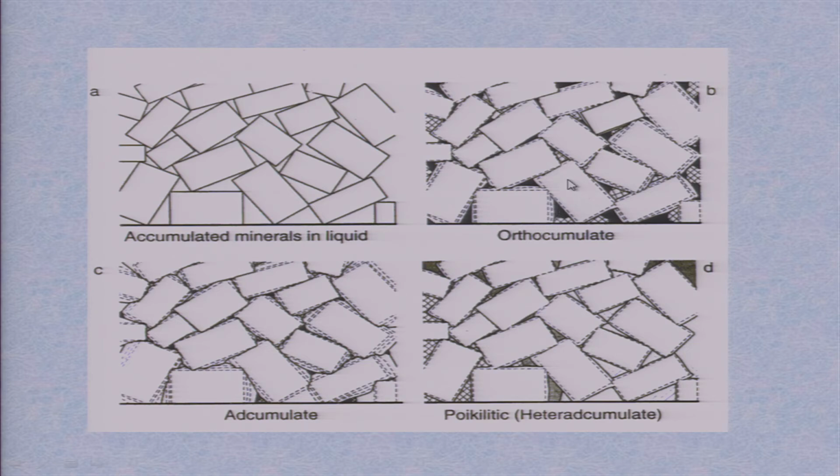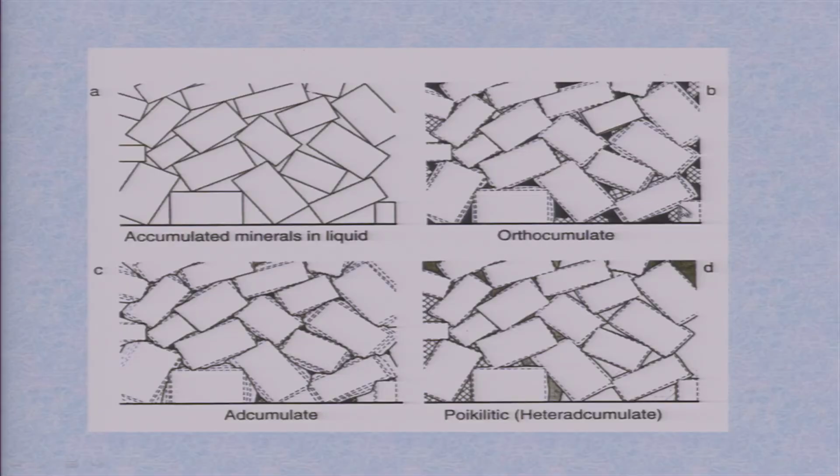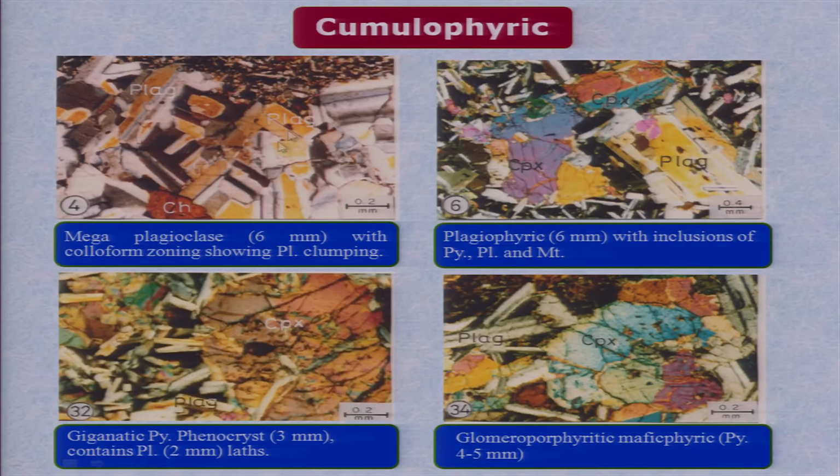So, in a sense you have pyroxene phenocryst, and at the same time you have phenocrysts of other mineral compositions such as olivine or maybe pyroxene. So, this is orthocumulate. The next one is adcumulate, and the third one is poikilitic or heteradcumulate, which I have already discussed earlier. I will show you how all these textures look under the microscope.